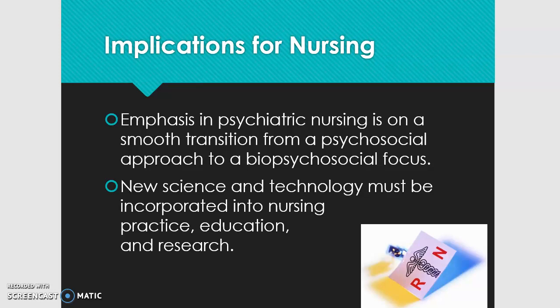There's a lot of new brain science and research going on that we have to incorporate when it comes to nursing. We have to be up to date on current practice. We have to be educated and look at the newest research to be able to do that.